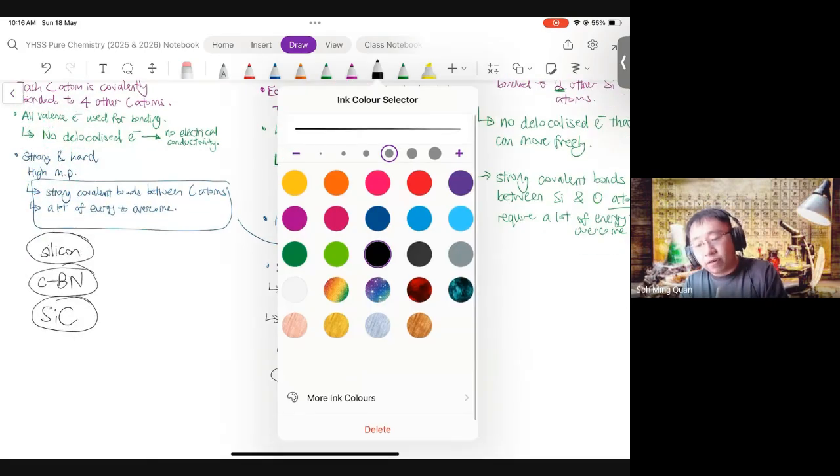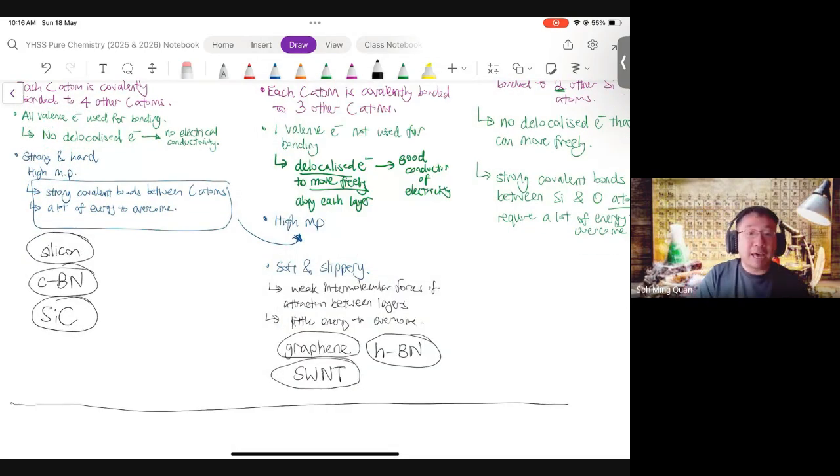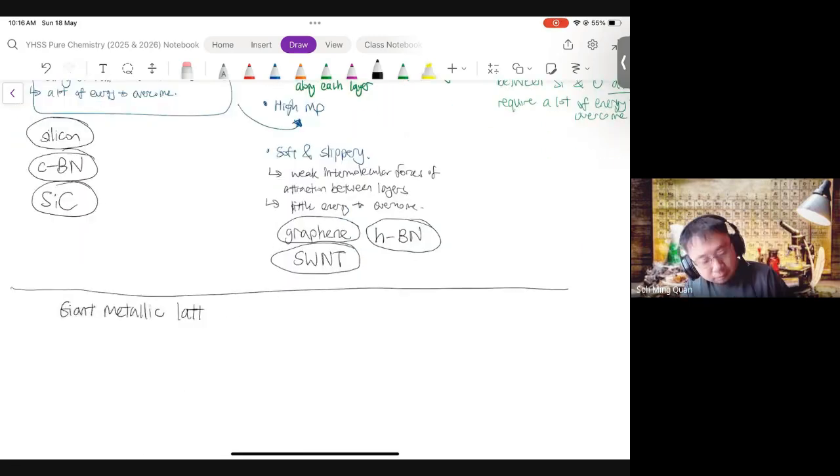Okay, so now let's move on to the last one, which is giant metallic lattice. Now, giant metallic lattice is also a lattice. That means it's a regular repeated three-dimensional arrangement of particles. What particles are we talking about?